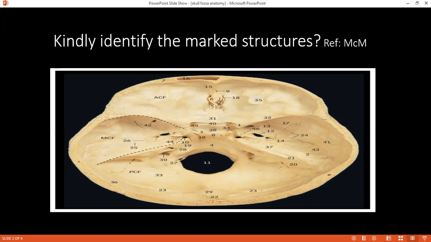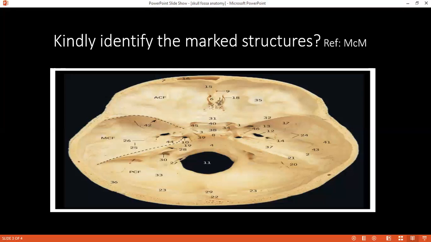The middle and posterior cranial fossa are divided by the superior part of the petrous part of the temporal bone and the groove for the superior petrosal sinus, along with the posterior clinoid process in its medial part. Yes, these are the landmarks.